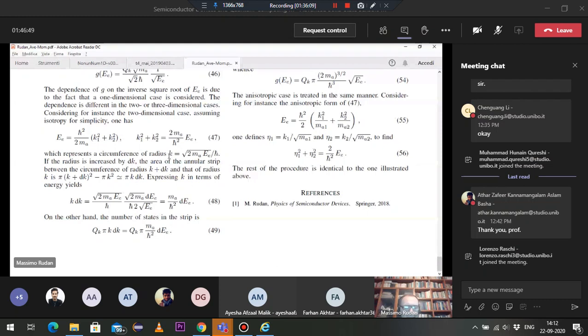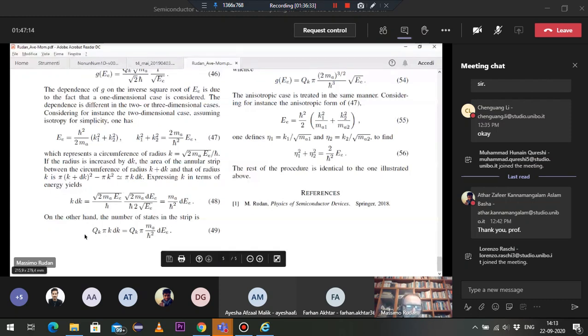You take the differential and obtain dk. You replace it, and you obtain this relation k dk, that is the variation in the area of the annular strip, equal to this, expressed in terms of energy.